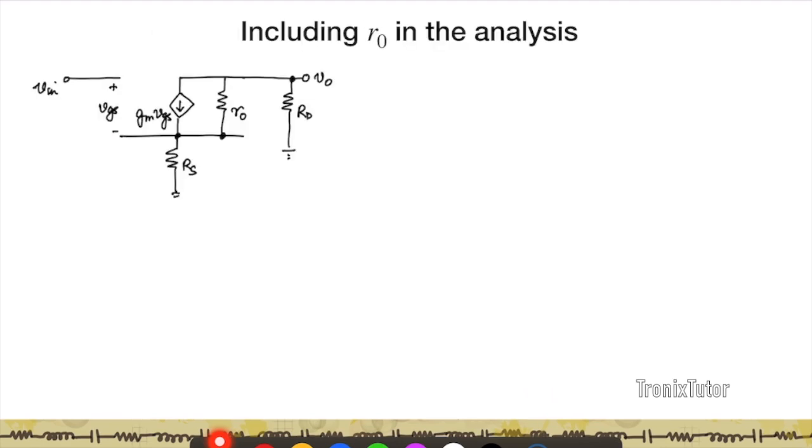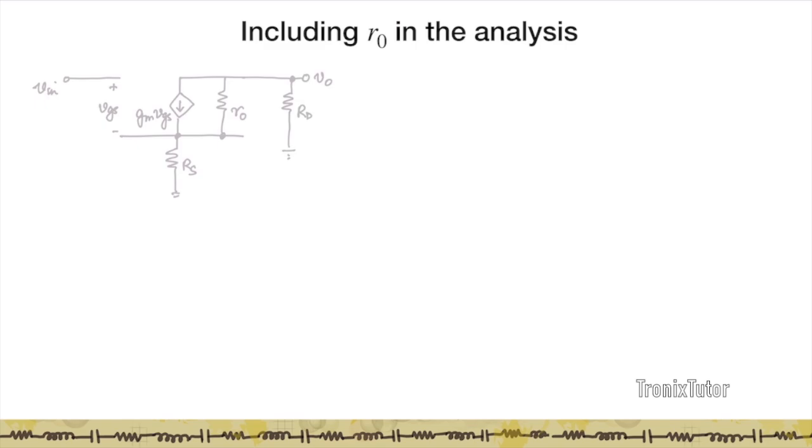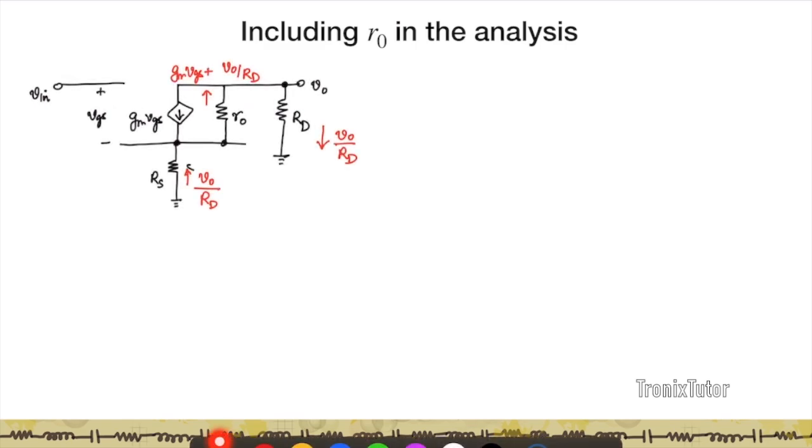Now let's see what happens if I include R0 in the analysis. So if I now consider there is a finite lambda in M1, this is what the small signal circuit looks like. In addition to gm VGS, I have an R0 that is connected between the drain and source. So let's now look at how the currents flow in the circuit. Suppose I assume that a current V0 upon RD flows in RD.